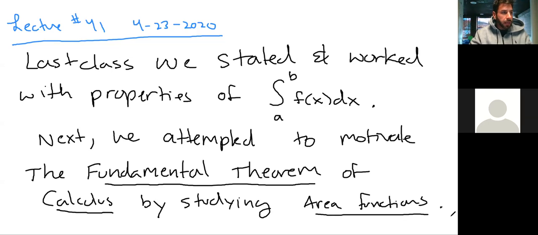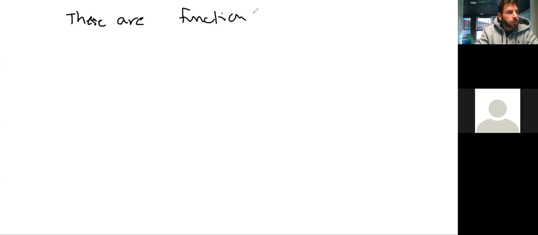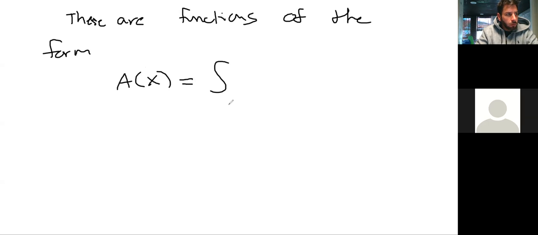So with that in mind, let's recall what an area function was. So what is an area function? So these guys are this type of function. So the variable is actually the upper bound of the integral.